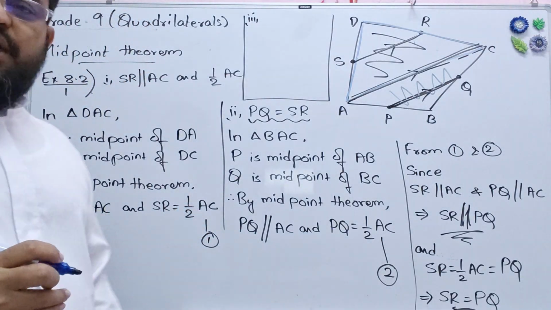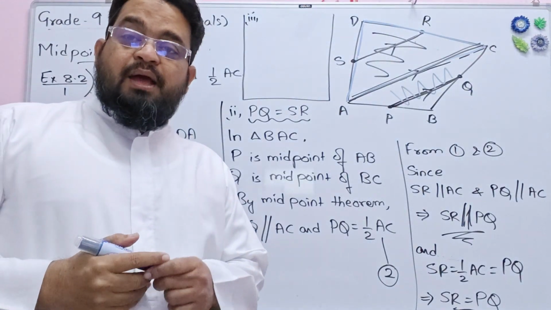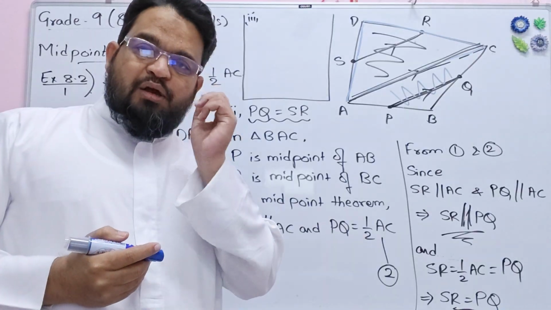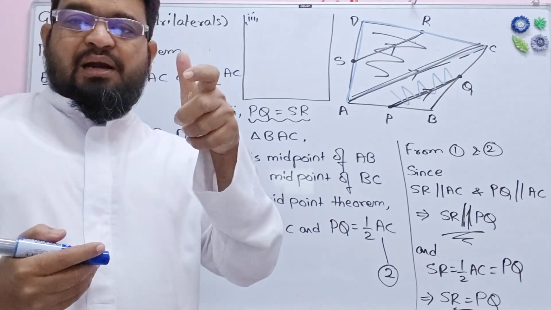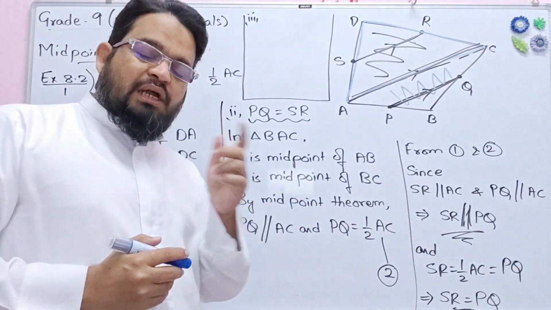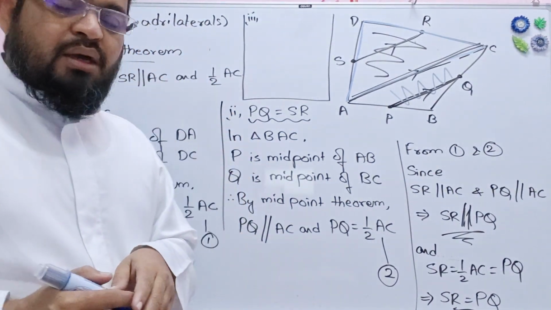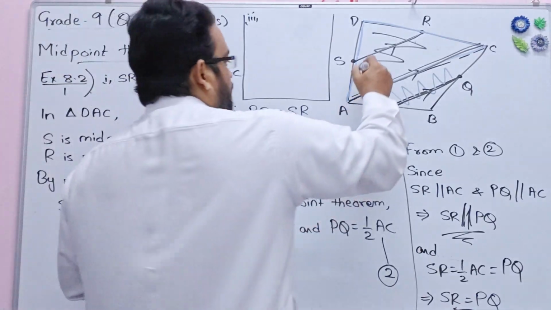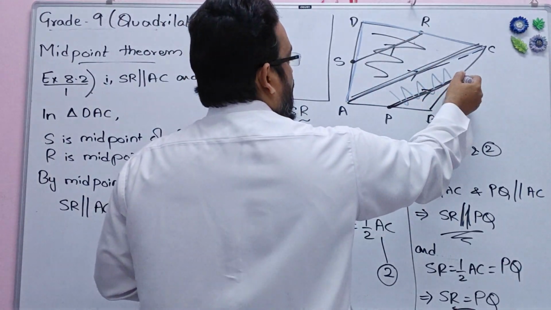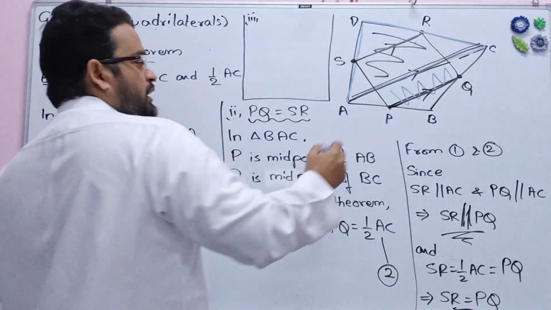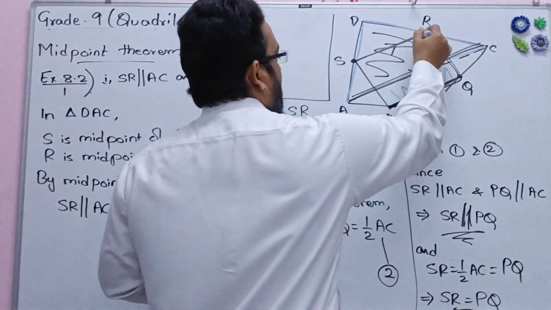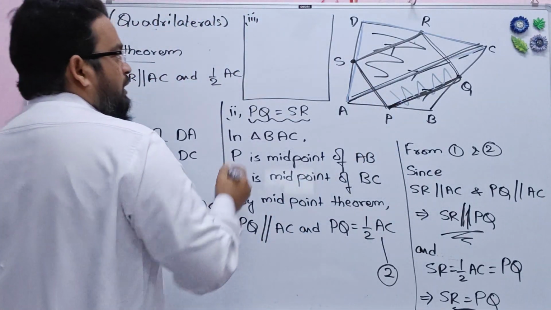We have studied in properties of parallelogram that if one pair of opposite sides in a quadrilateral are parallel and equal, then that quadrilateral will be a parallelogram. So now PQRS, if I join, what does it form? PQRS is a quadrilateral.